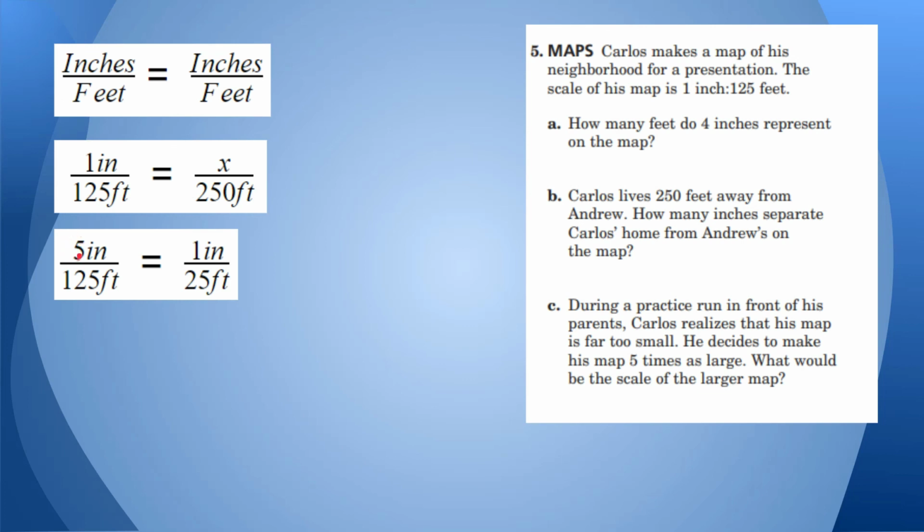Well, it just means that we're looking at 5 inches representing each 125 feet. We don't multiply both by it, we're only increasing the one that we're changing, the map that was representing the actual number of feet. So the actual number of feet remains the same, but the map itself is going to change because now for every 125 feet there will be 5 inches representing that, and that can be simplified down to 1 inch over 25 feet.